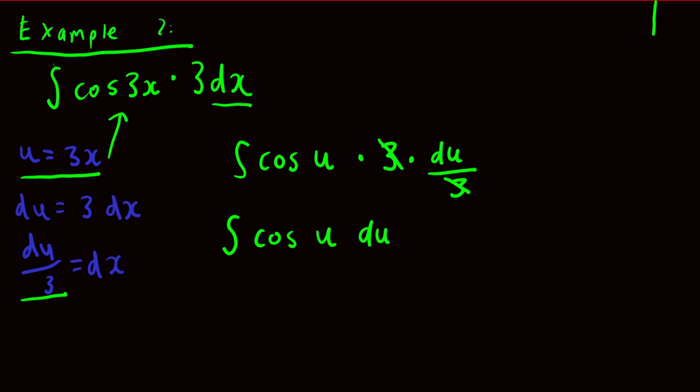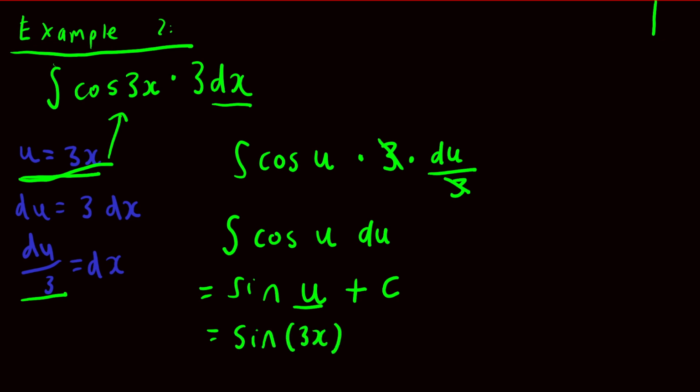And now we know that the integral of cosine is sine u plus c. And now all that's left to do is plug this u back in. So we get sine of 3x plus c. So you guys see that it isn't so hard once you get the hang of it. All this requires is just practice. But we're done. Let's move on to the next question.